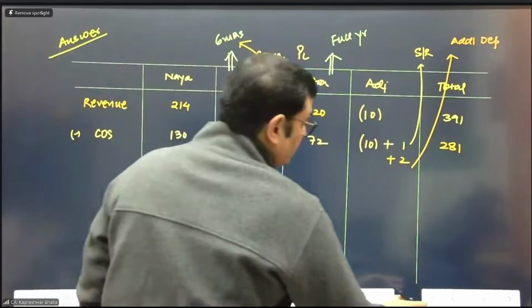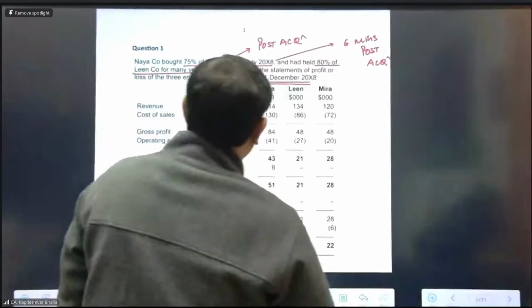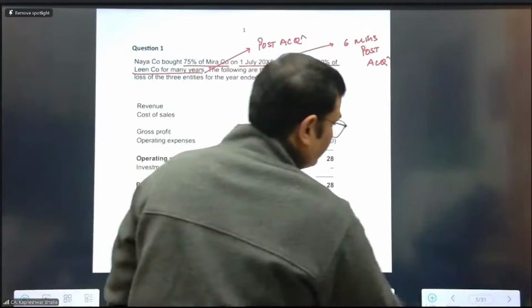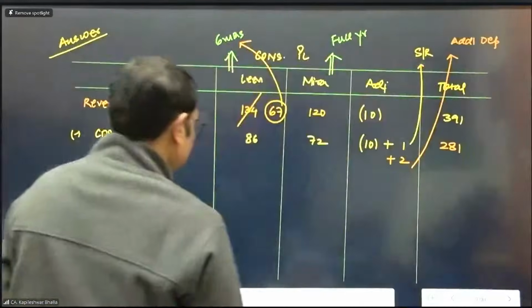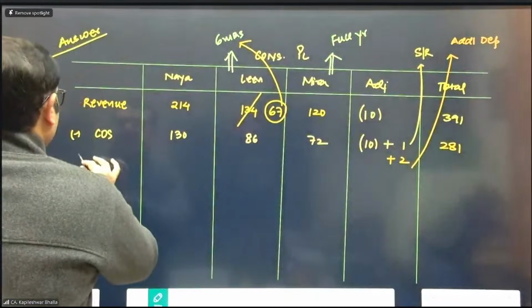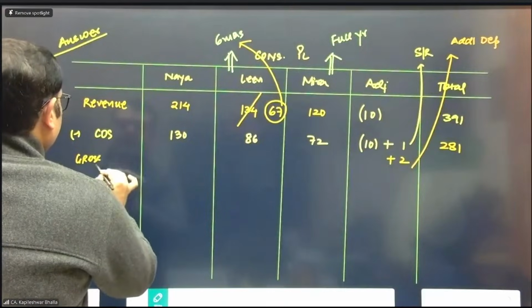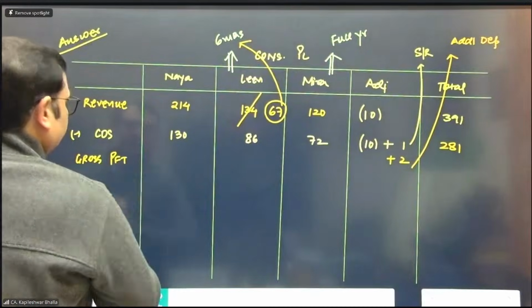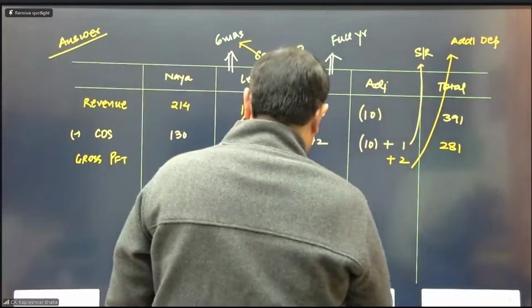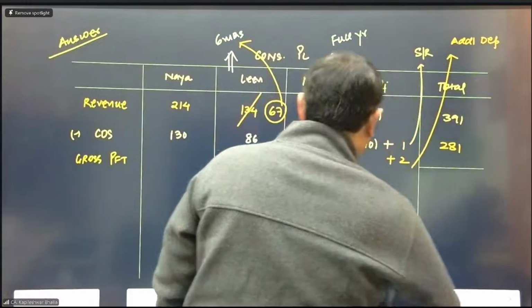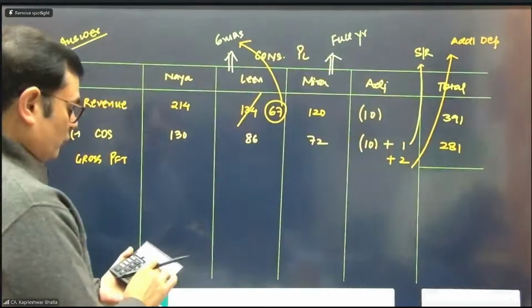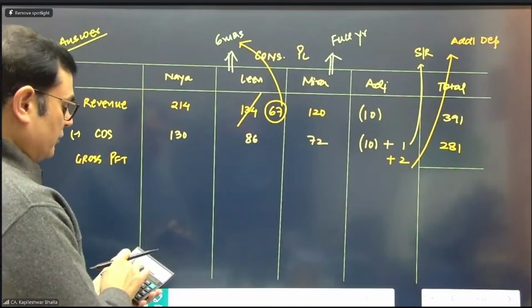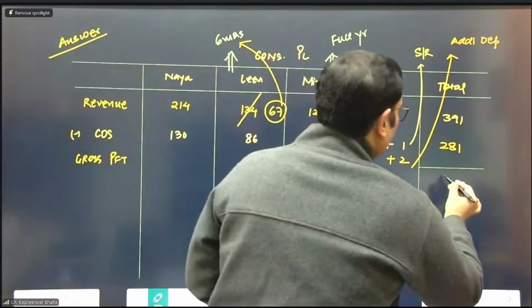Based on this, I am now going to get my gross profit as well. So I'll take the GP figure out here. 391 minus 281 comes to 110.